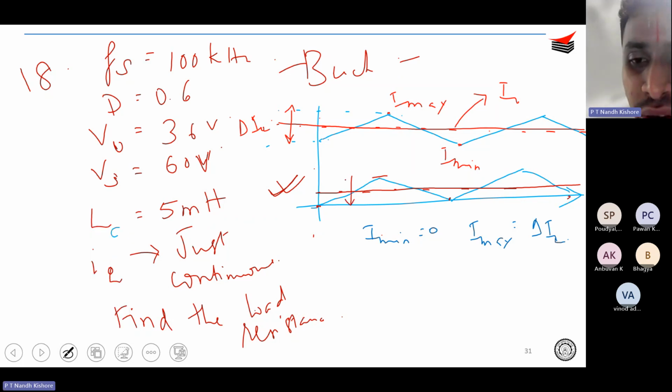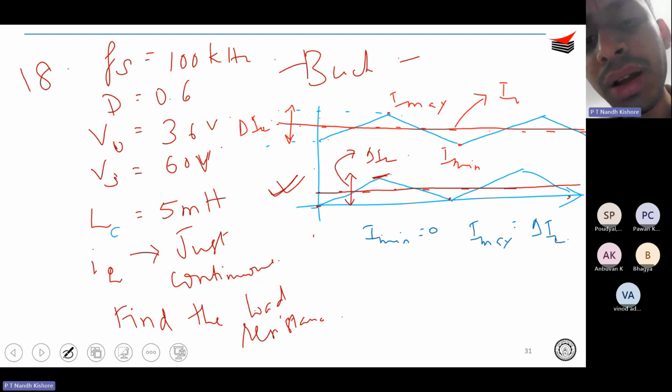Because this happens to be delta IL. This point is your Imax, and therefore your Imax will be equal to delta IL. That is, the peak to peak ripple is actually equal to the peak current of your inductor. Okay, Imax is delta IL.